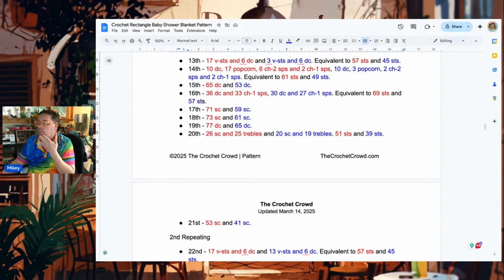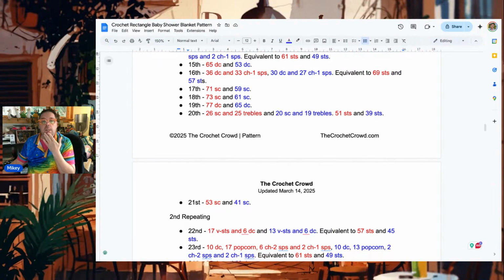Twentieth is 81 and 69. That's 69. Should be 41.